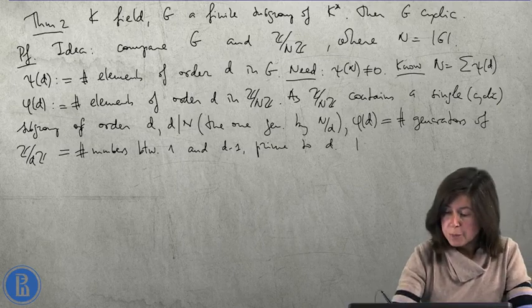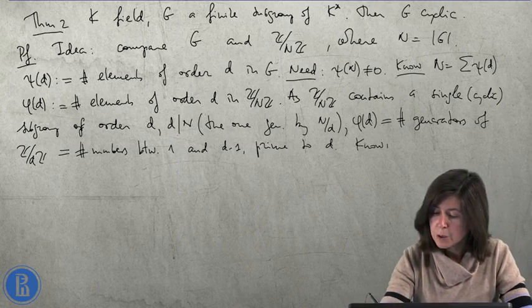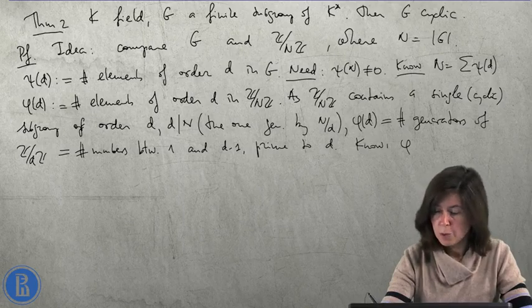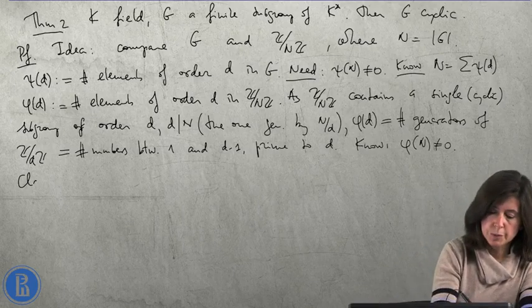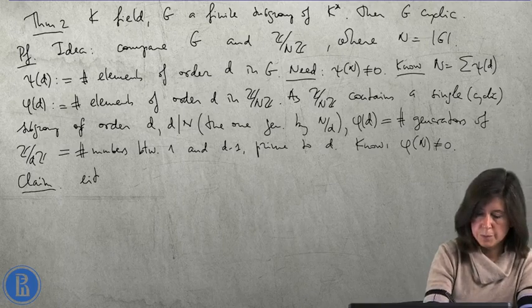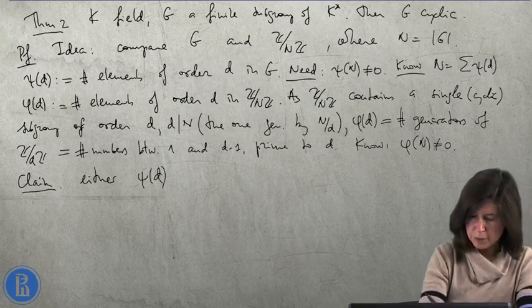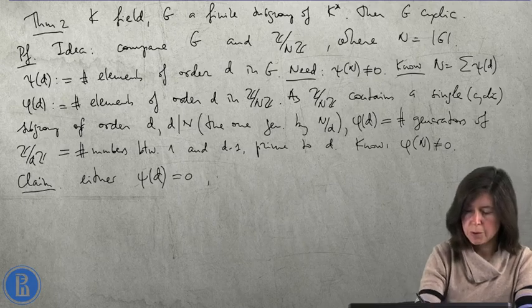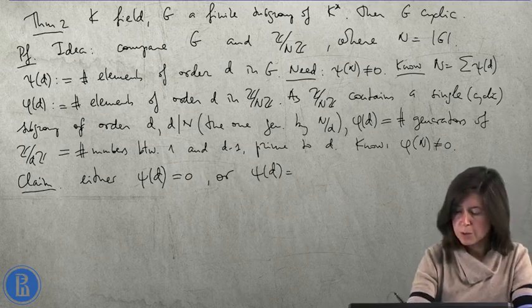So we know, of course, that phi of n is non-zero. So I claim that either psi of d is 0 or psi of d is equal to phi of d.